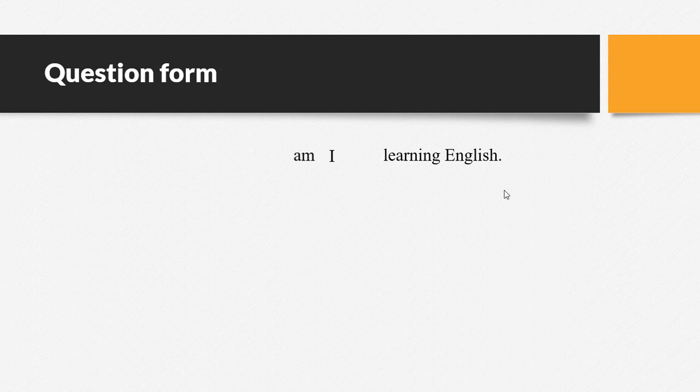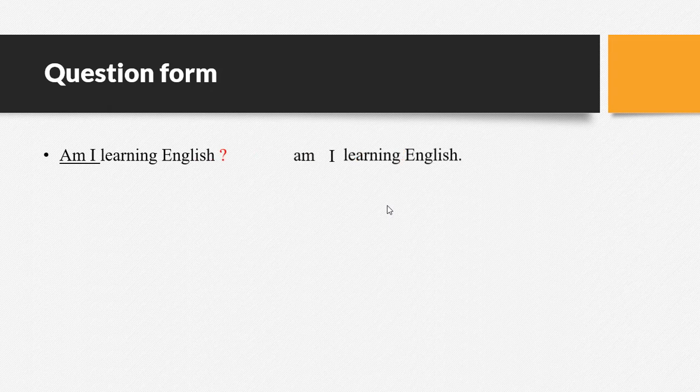For that, you pull the rest of the sentence near I. Am I learning English? So, this is the right question. Am I learning English? Beginning of the sentence, capital, and a question mark at the end of the question.